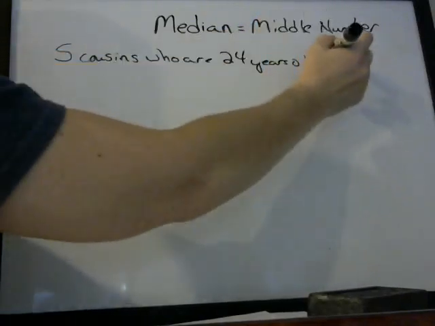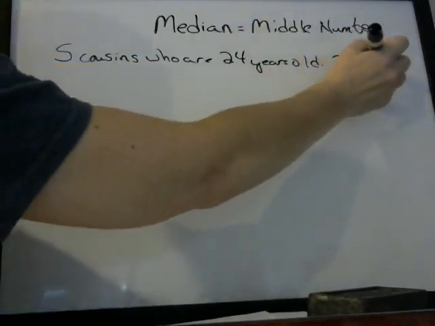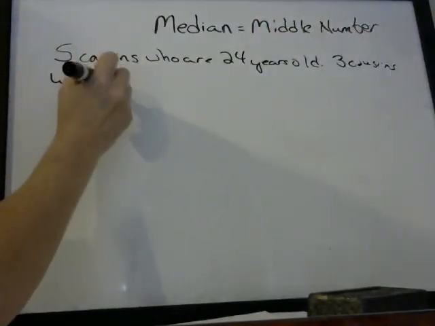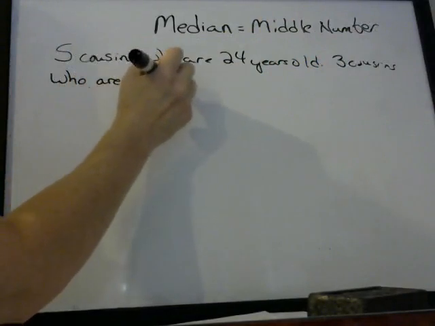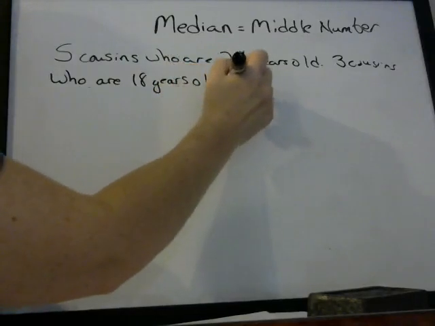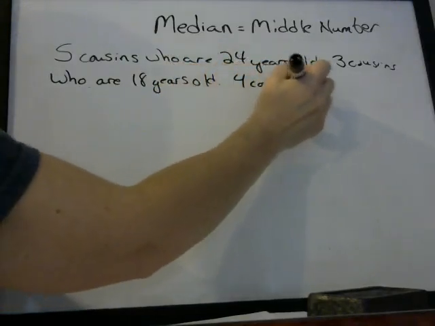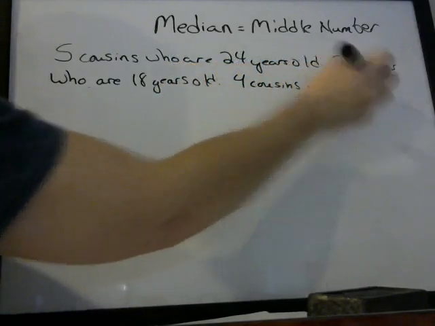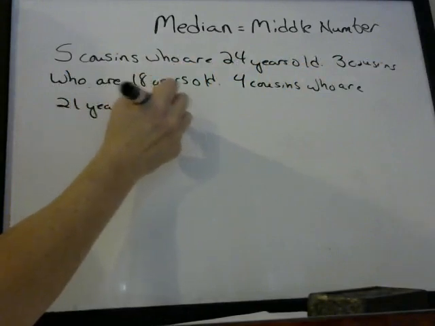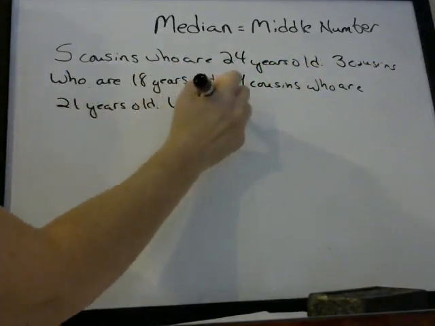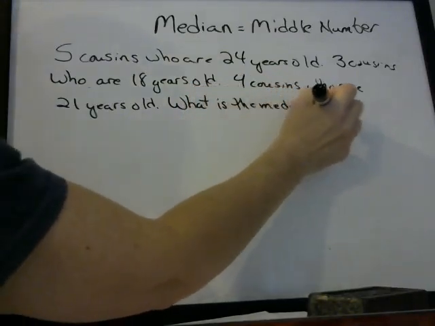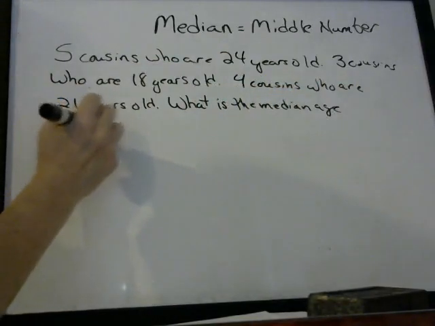He meets 3 cousins who are 18 years old. And he meets 4 cousins who are 21 years old. What is the median age of his cousins that he met?